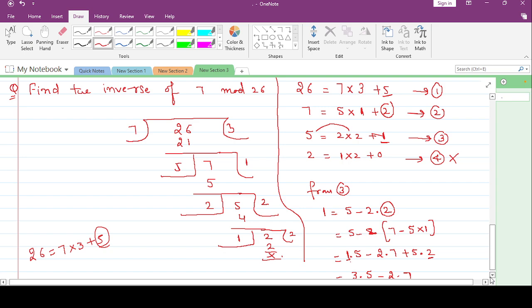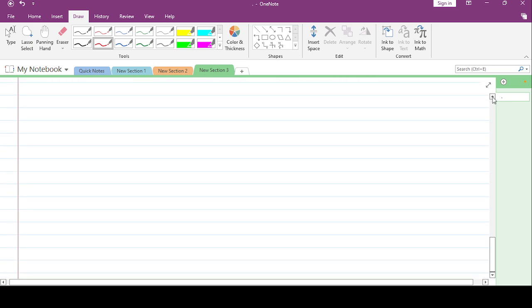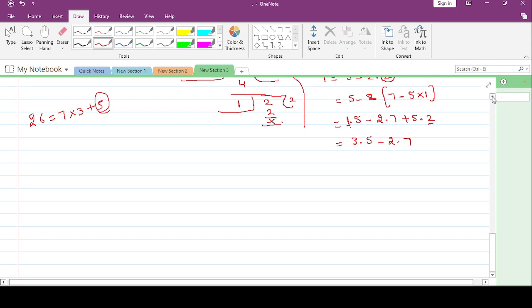5 can be written as 26 minus 7 into 3, from 26 equal to 7 into 3 plus 5. So you check what was your original number, 7 under modulo 26. We want these two numbers in our combination.